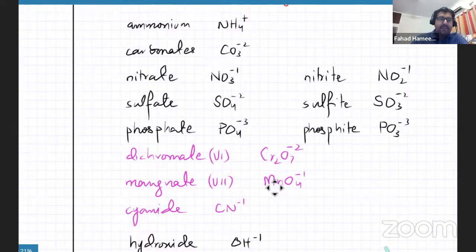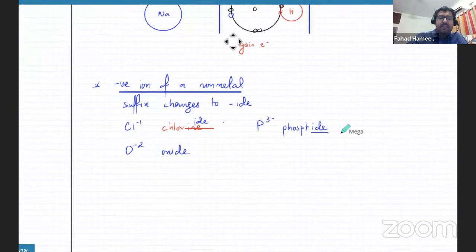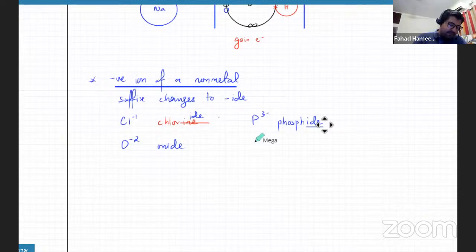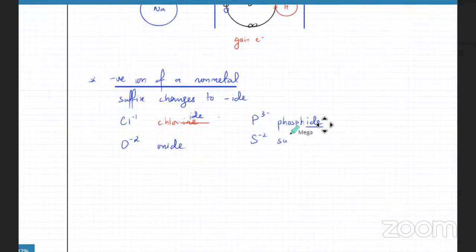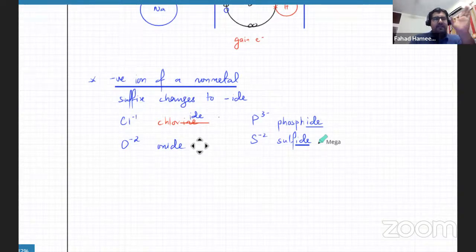So that is not the element. IDE comes in when you just have the element. That's it. So this is phosphide. If sulfur has a charge of -2, you would call it sulfide. So make sure you don't confuse IDE with the polyatomic or molecular ions that you've discussed above. IDE means just the element.